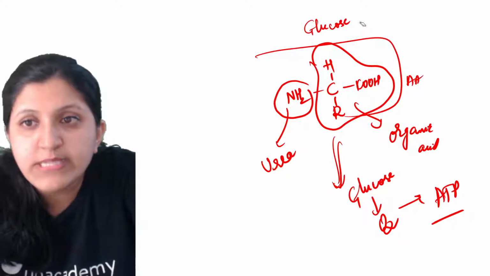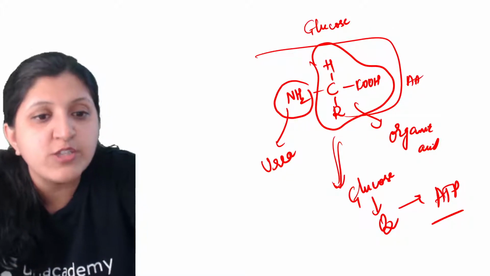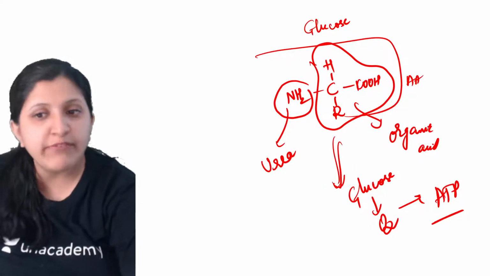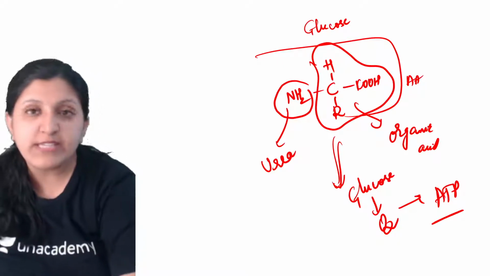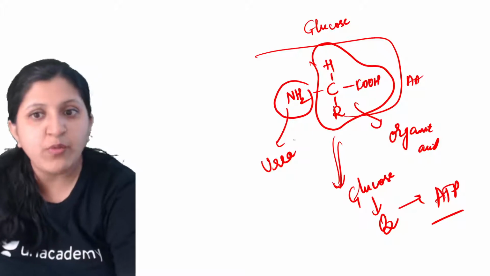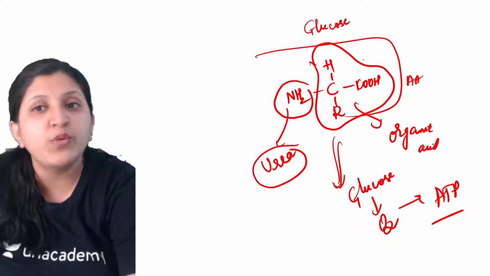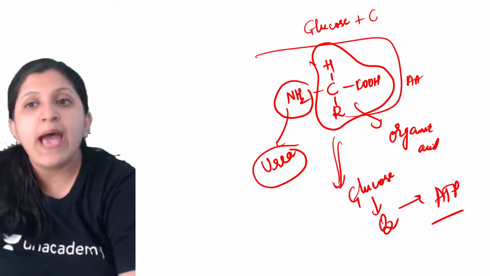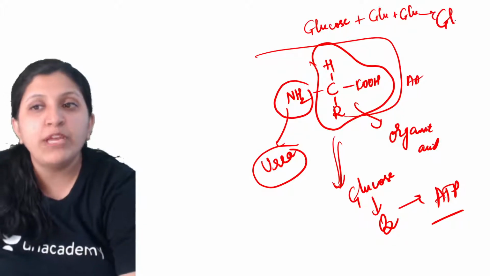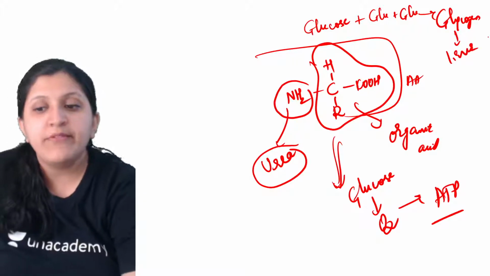Before I go to cellular respiration, I'll tell you this: when you consume more protein, the amino acid will be converted into glucose, and glucose can be stored. We cannot store the protein. The amine group part forms urea, and the rest converts itself into glucose. Many units of glucose combine to form glycogen, and this is done in the liver itself.